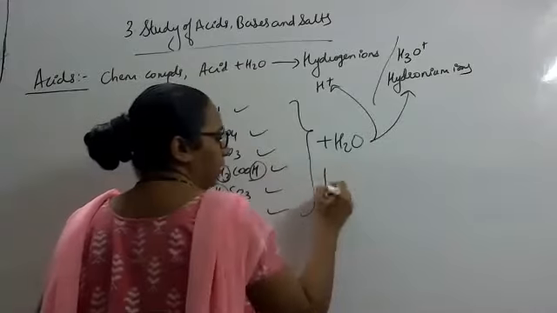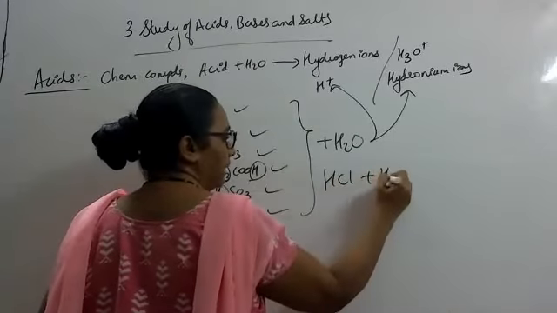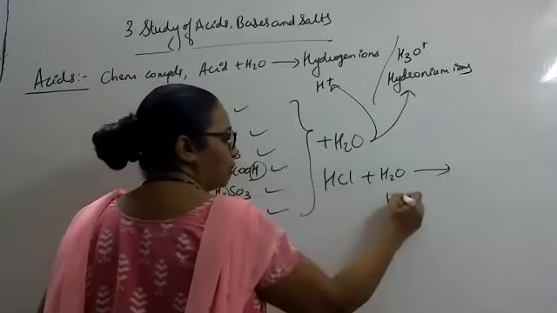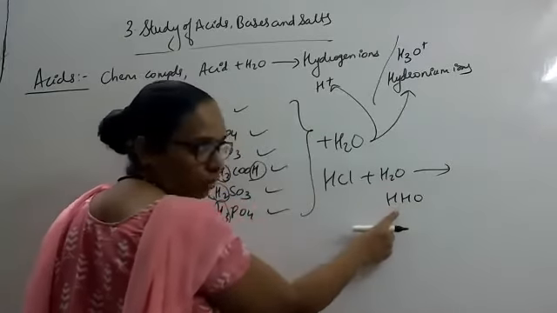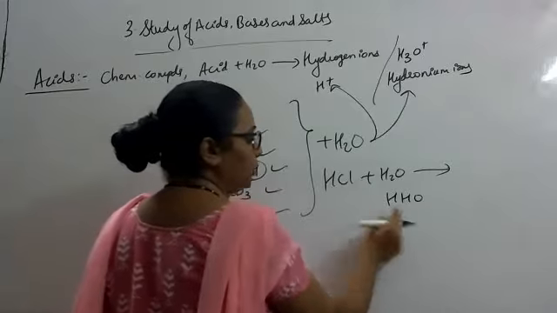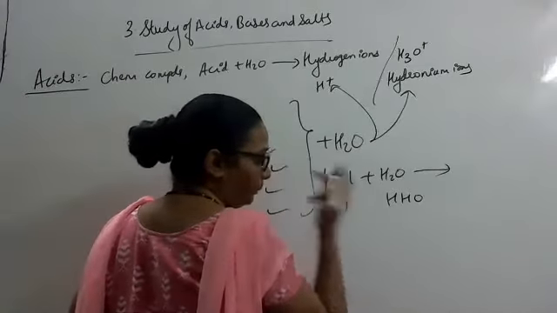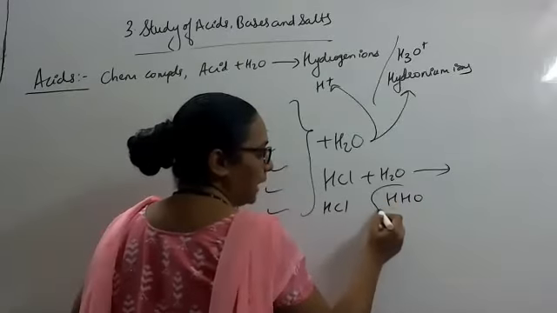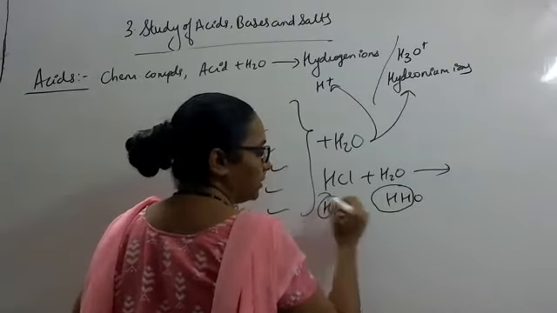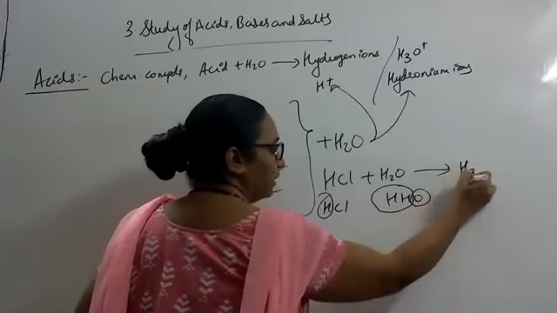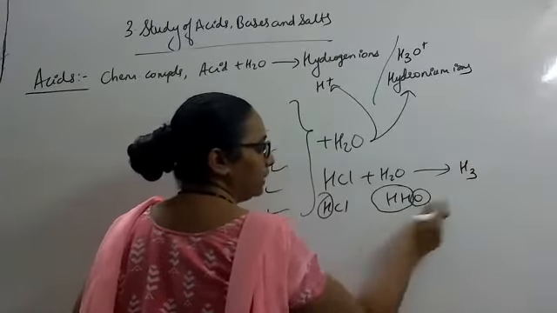Like HCl reacting with water. Water is H2O. I am splitting and writing H2O plus HCl. Now what will happen? This H, this H, and this O. How many hydrogens are there? 1, 2, 3 hydrogens.